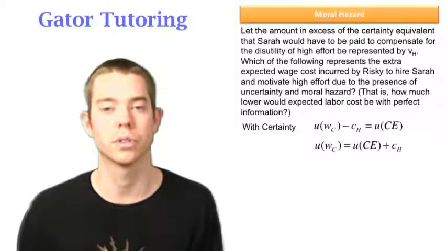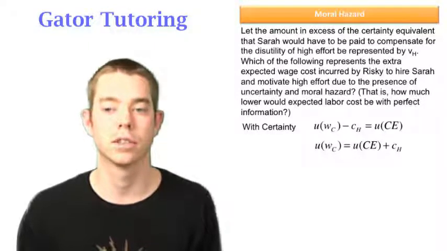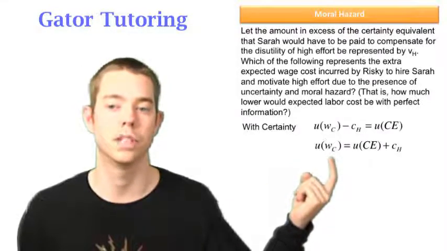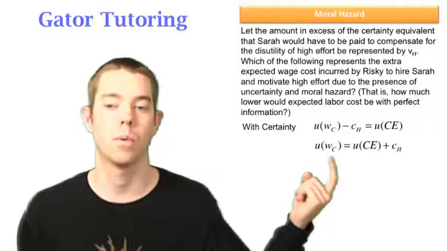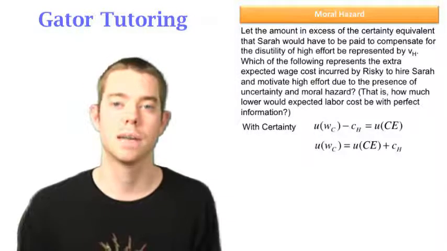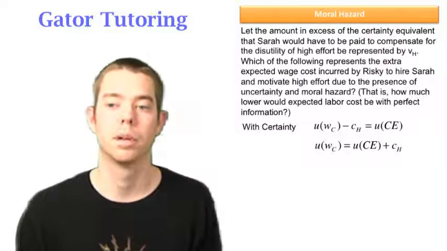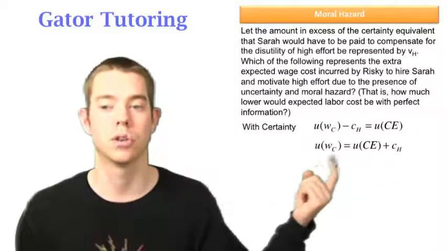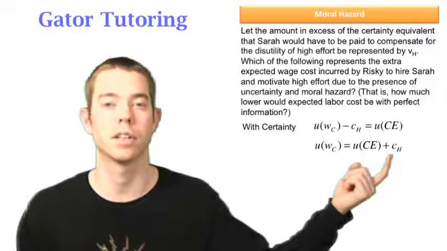What this is saying literally is the amount that we are happy at our job with certainty, that wage that will get us that amount happy has to be equal to the same amount that we were happy at our other job plus this cost of effort that we have at our job. So again, this was in units of utility.